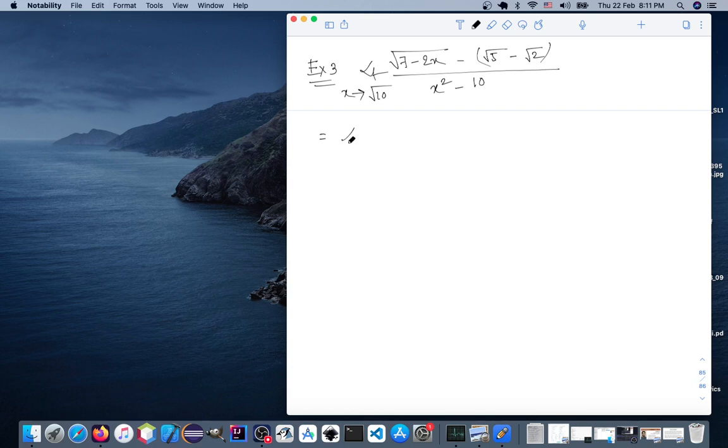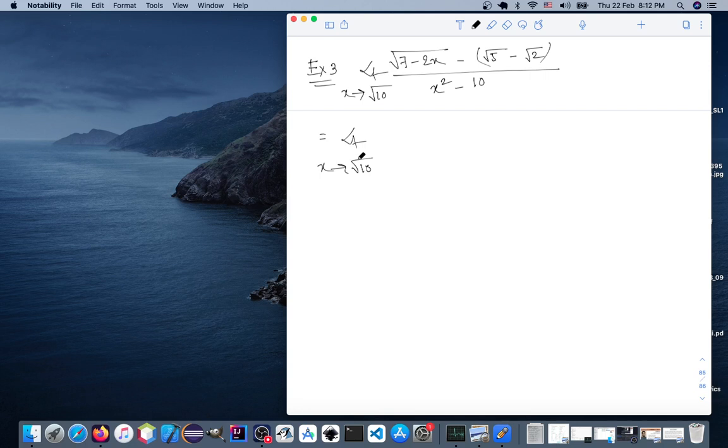This is root 10. What if we rationalize the numerator? No. If we rationalize the numerator, the first term will become 7 minus 2x, and the second term whole square.